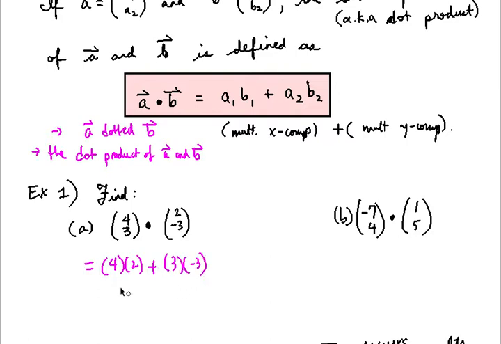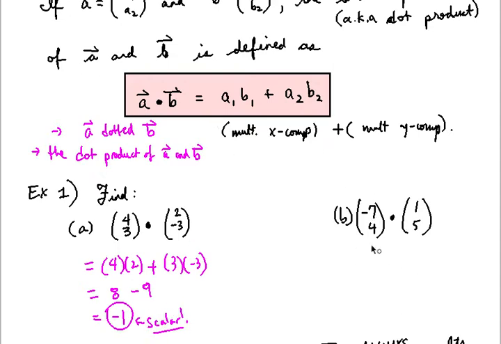If we do this, we end up with 8 minus 9, which is -1. So the dot product of these two vectors is -1. Kind of interesting. I'm not getting a vector, this is a scalar value. That's not very intuitive, but it's what we get from this operation.